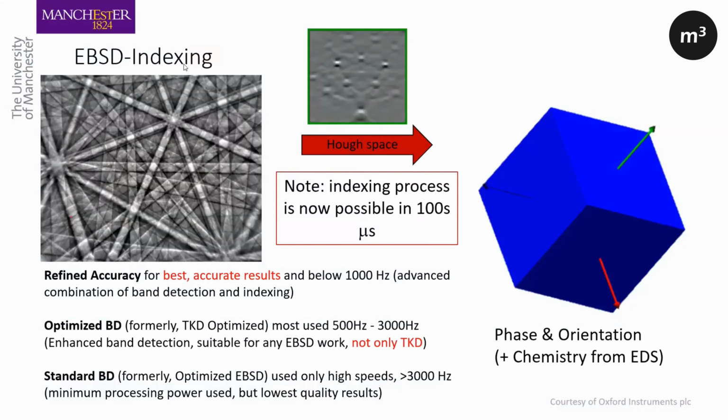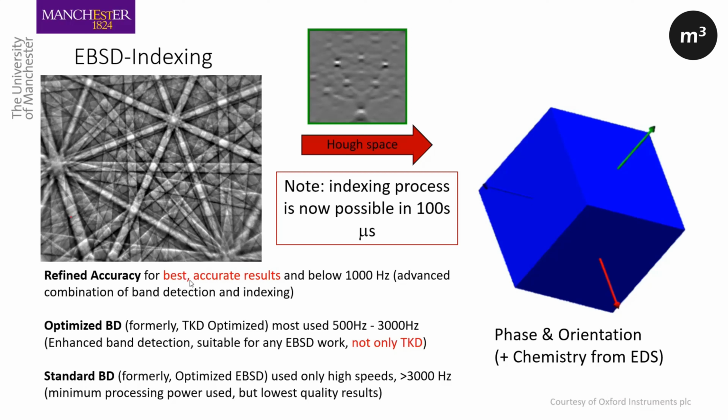So you can index the pattern using the Hough space, defining the bands and the different routines for this. And this is usually a very fast process. Although there is a limit to the band detection by the detector, the indexing can be quite fast, possibly in hundreds of microseconds. So band detection and indexing is done in the software.